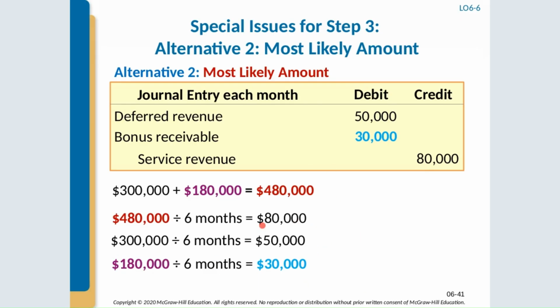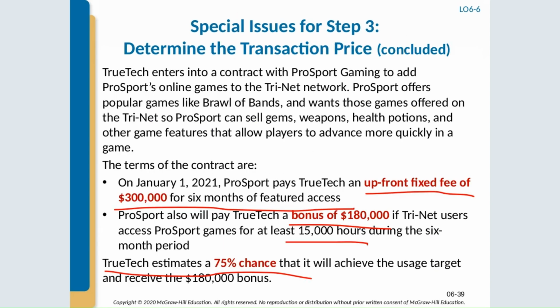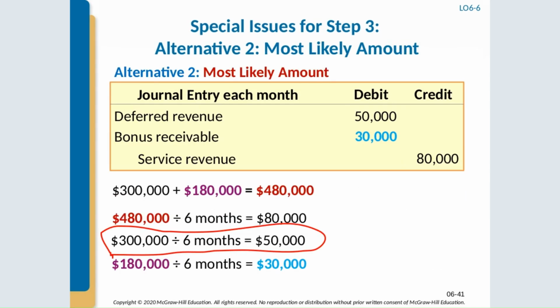That's the deferred revenue that's associated with the subscription, right? The 300 is for allowing Pro Sports to have those features in the game. So that's the one that we're recognizing gradually.